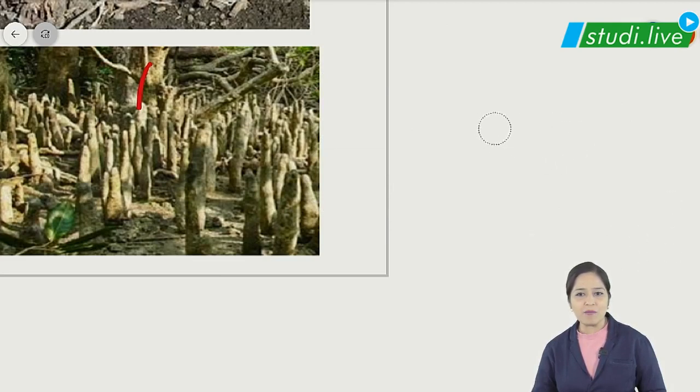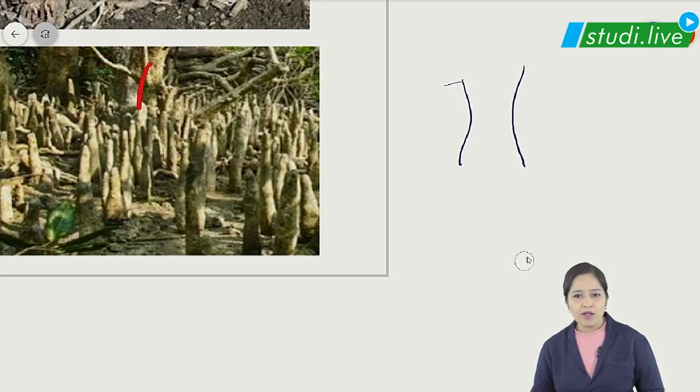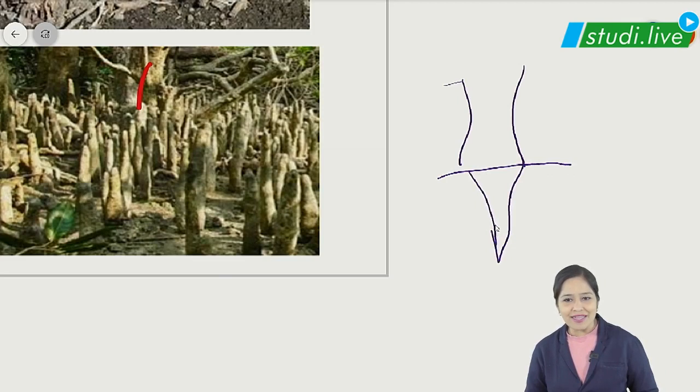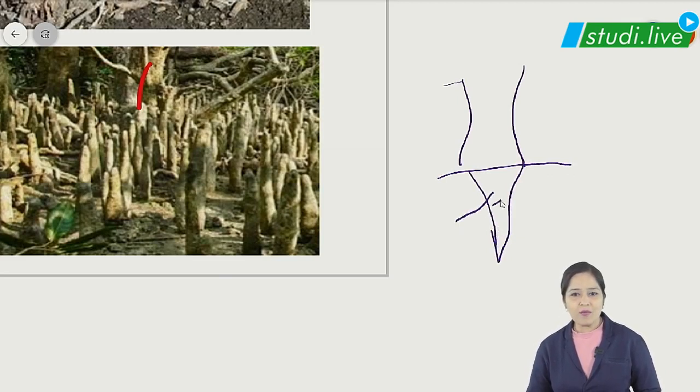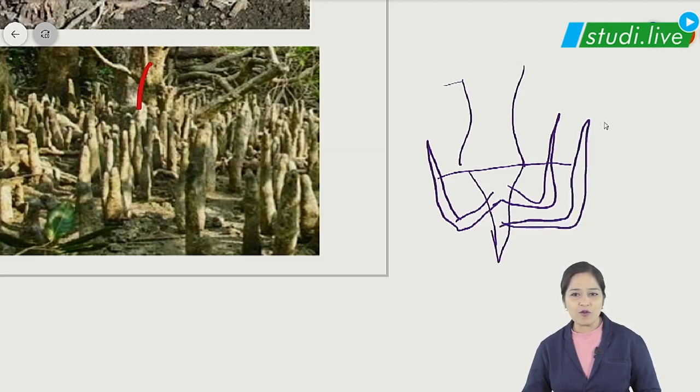First thing we got to remember is they are the modification of the taproot. It first grows towards the soil, positively geotropic, and then the branches come out of the soil in the form of projections, known as the pneumatophores.